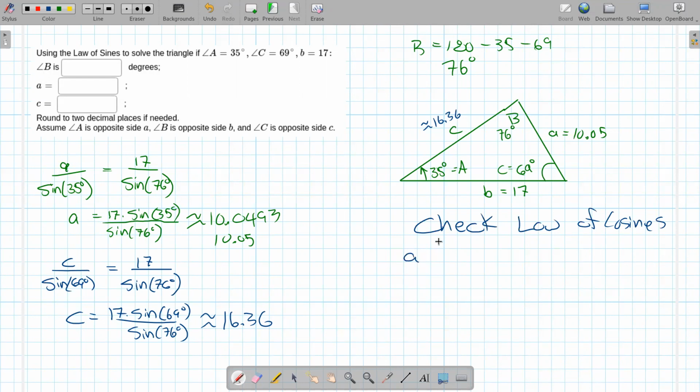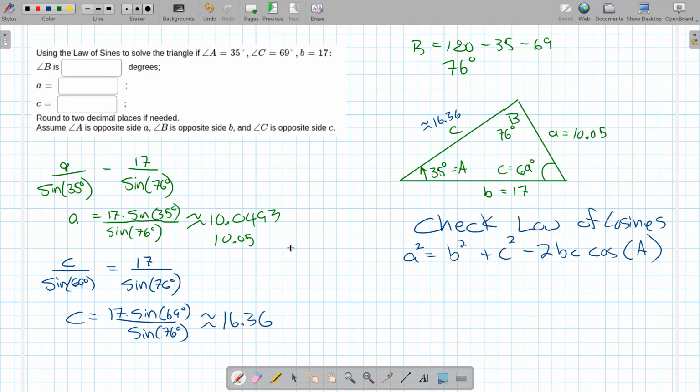So I'm going to go for this version of the law of cosines. A squared equals B squared plus C squared minus 2BC times the cosine of the angle between B and C, which should be angle A. And so I'm just going to enter these values into my calculator and see what happens.